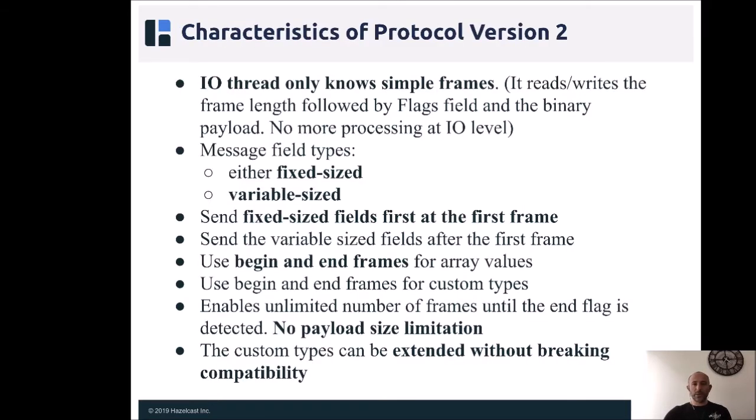Now, the new protocol characteristics: we have an IO thread, which is the most important thread we have. It only knows simple frames. It only knows how to read frames. It reads the frame length followed by flag fields until it sees the isEnd bit set on the frame. So it does not do any processing at all, just reads and accumulates the frames. And message fields are either fixed size or variable size, right?